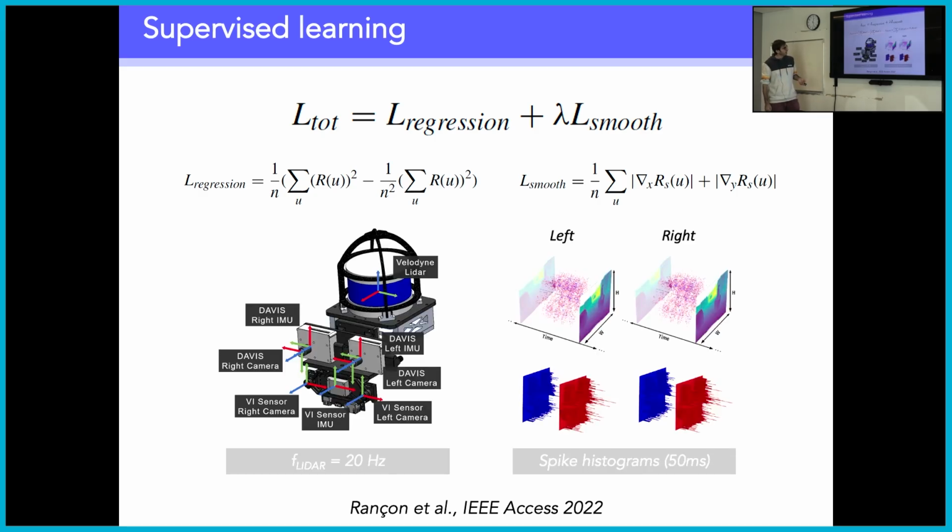In this case, we didn't process the spikes one after the other, but we combined them into spike histograms. You can see them as images that just represent the number of on and off spikes over the last 20, 50 milliseconds.